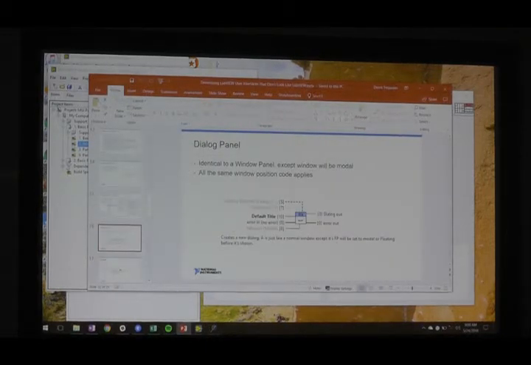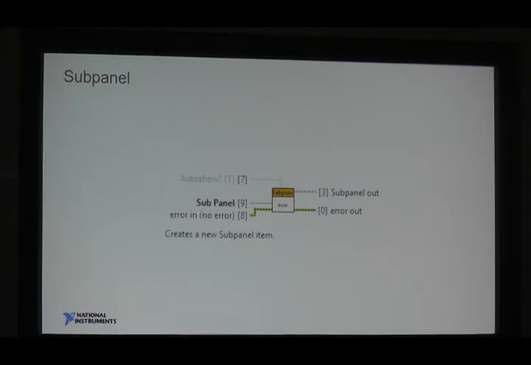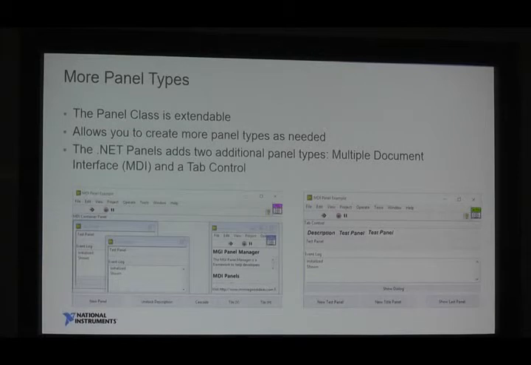There's also a dialog panel. This just launches just like a window would, except it's modal, so you don't play the I-accidentally-have-a-modal-window-open game. Subpanel we talked about. You wire in the subpanel, and it puts it in that subpanel when you call show. The cool bit of this is the panel class itself is a class that you override.